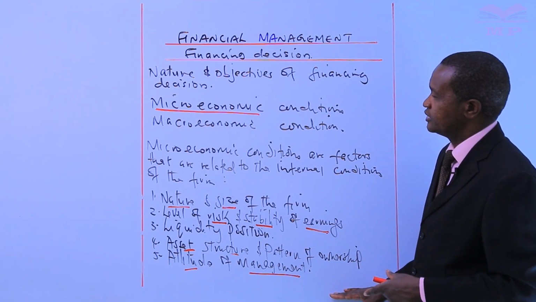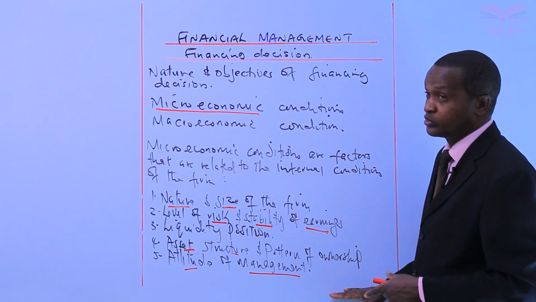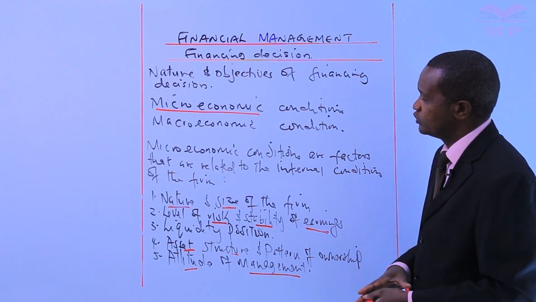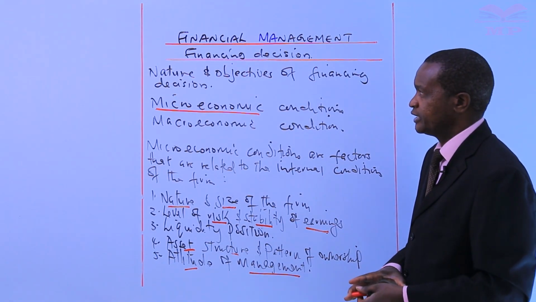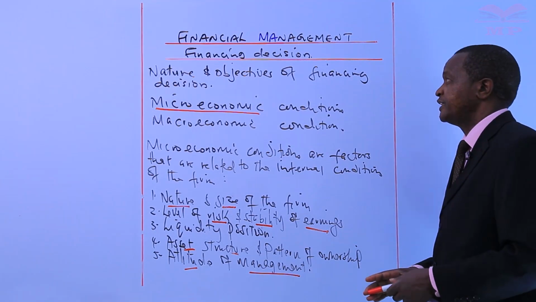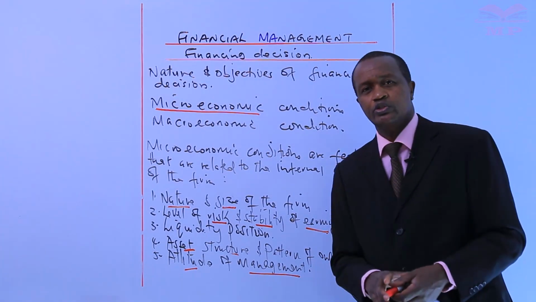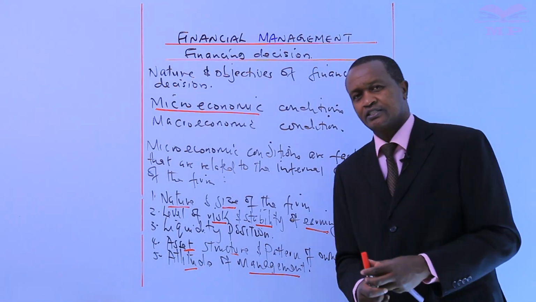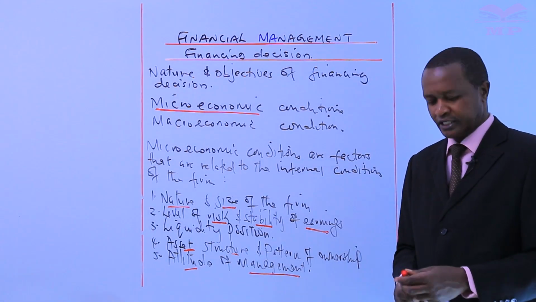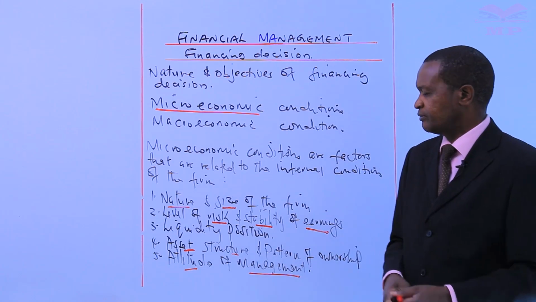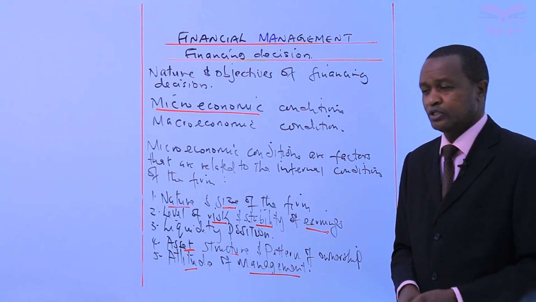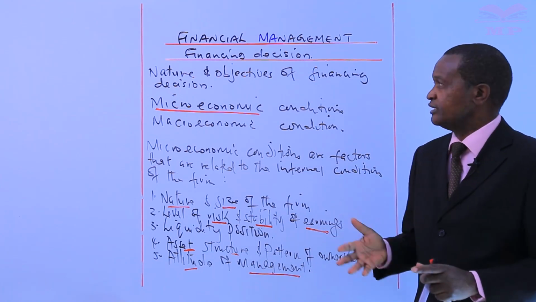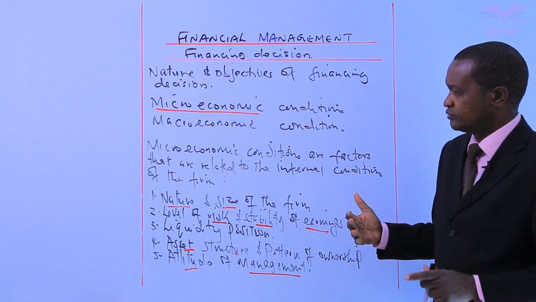So candidates, that will bring this lesson to an end. We just introduced the financing decision. And at the beginning, I mentioned that the financing decision is one of the crucial decisions that are made by financial managers. If you are a finance manager, then one of the main roles that you will play is helping the company make the financing decision.